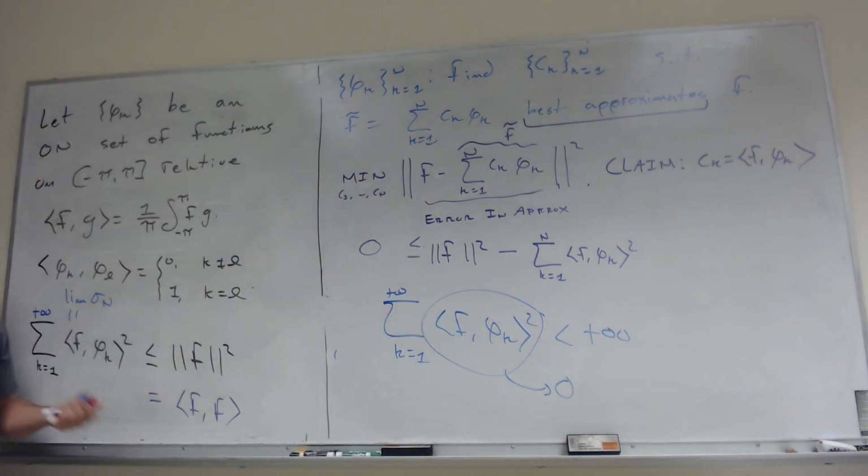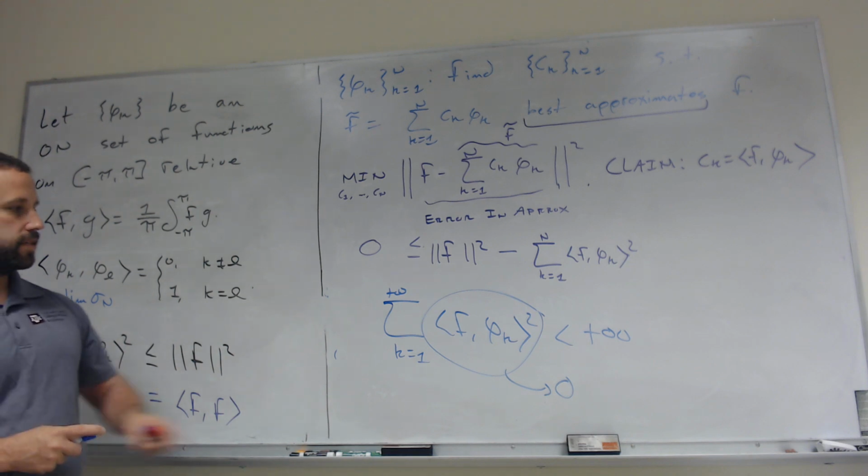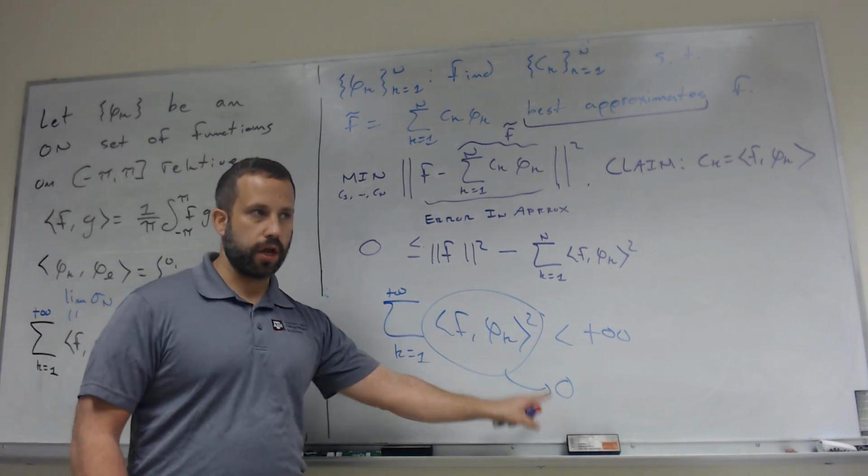And so what this is going to imply is that if you have a square integrable function, in other words, the integral of f squared is finite, then the Fourier coefficients are going to go to 0.